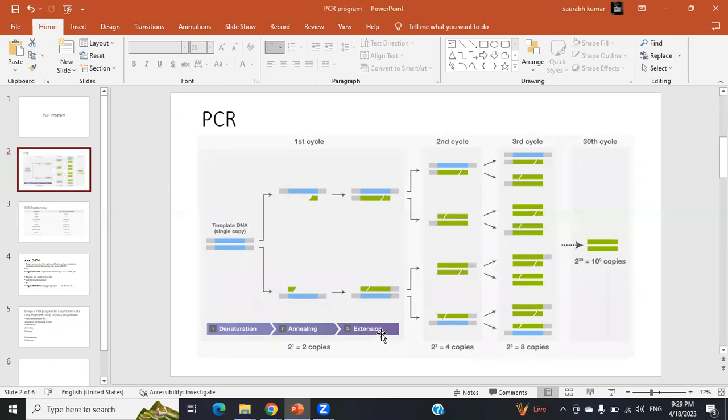This is then followed by a final extension step, and lastly you have the hold temperature where the PCR reaction is stopped.